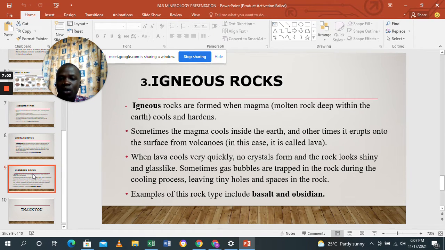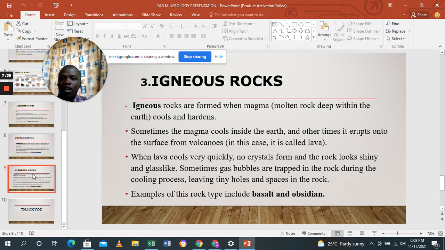When lava cools very quickly, no crystals form and the rock looks shiny and glassy. Sometimes gas bubbles are trapped in the rock during the cooling process, leaving tiny holes and spaces in the rocks. Examples of this type of rock are basalt and obsidian, which are shiny and glassy in appearance.